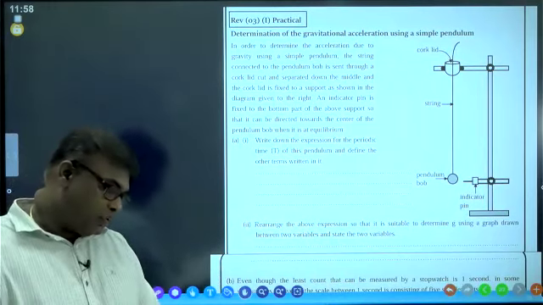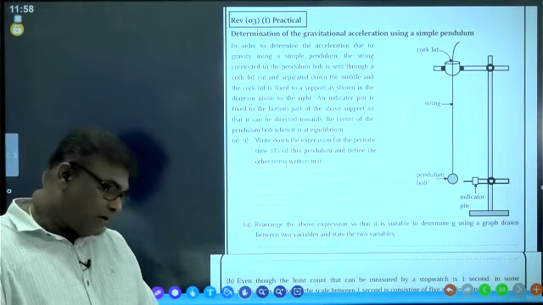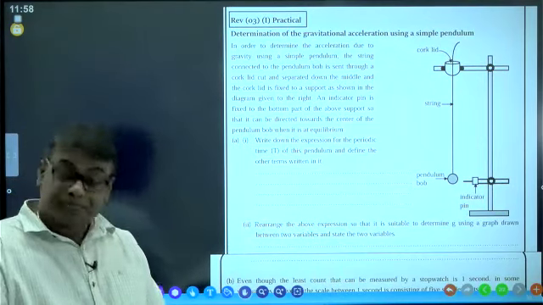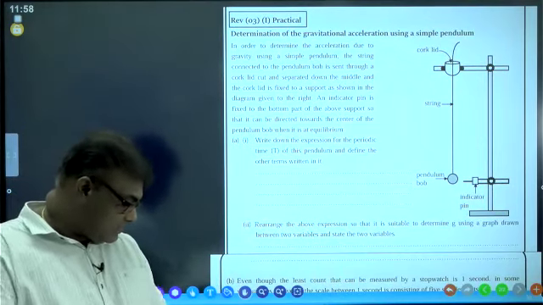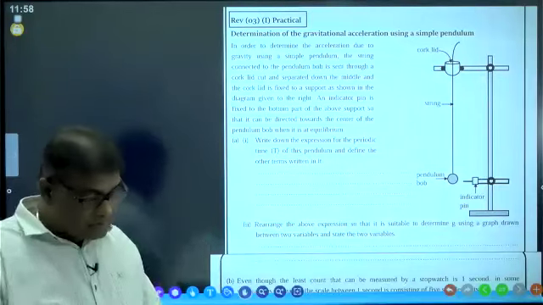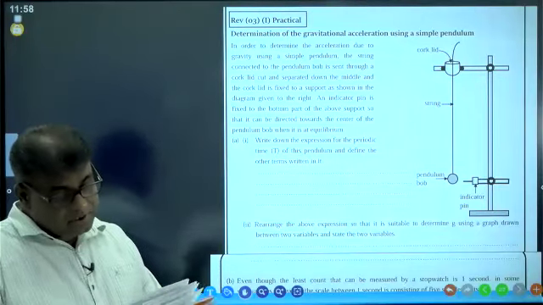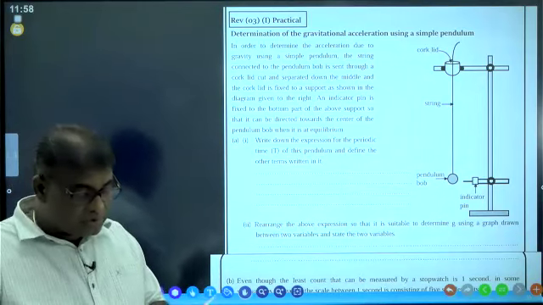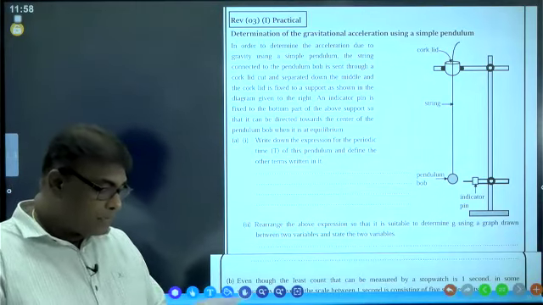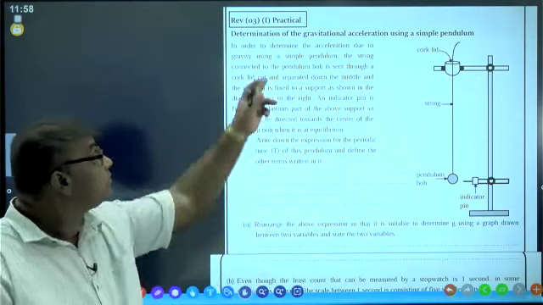It is used to find the gravitational acceleration by using the graphical method. The topic is determination of the gravitational acceleration using the pendulum.